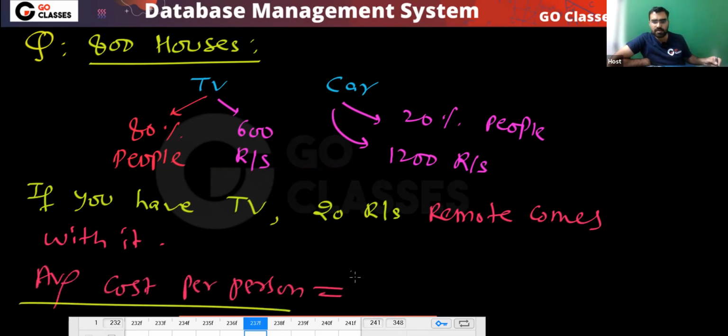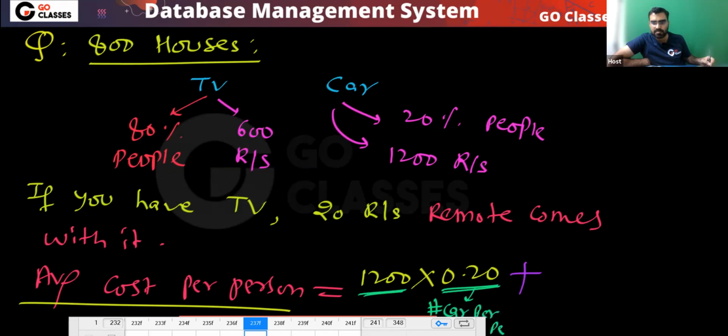So that will be very simple. That is 1200, but one person has 0.20 car. One person has this much amount of car, and this is the cost of car. This is the number of car per person. Okay, and what else?